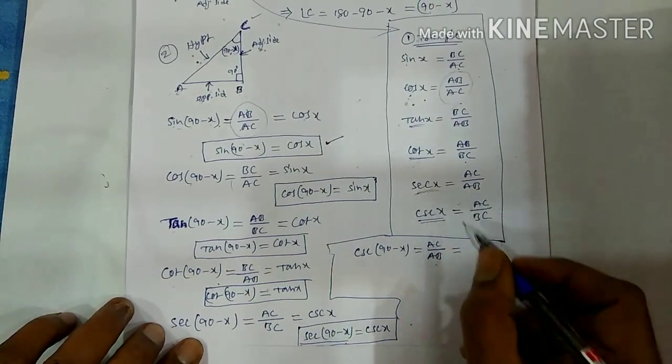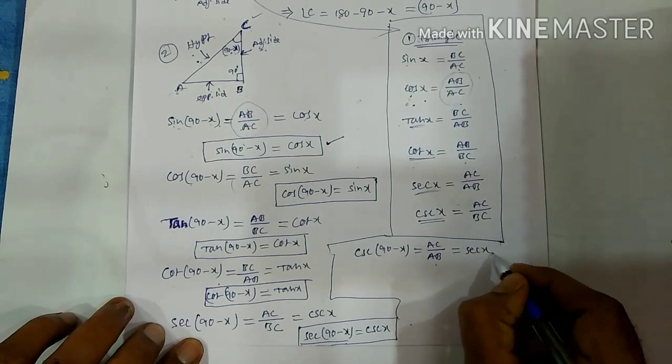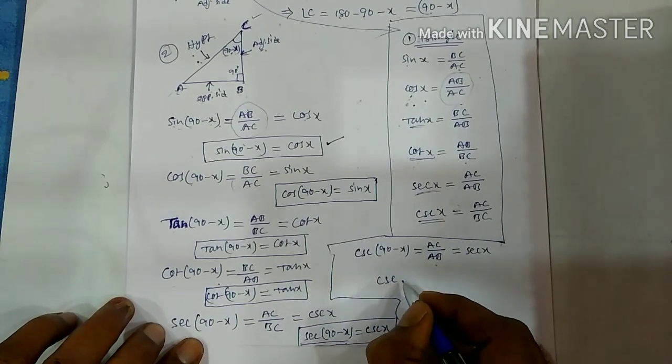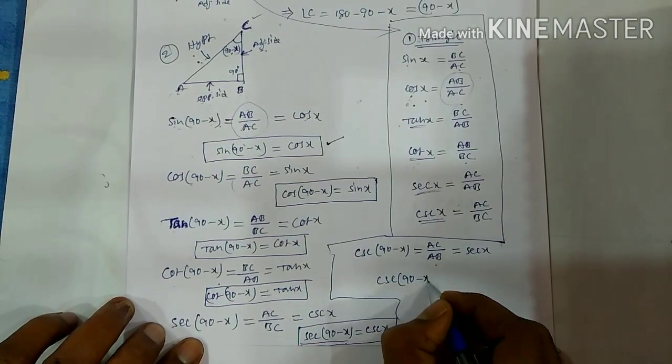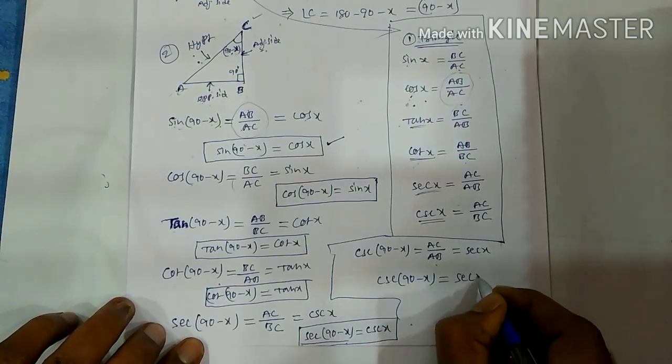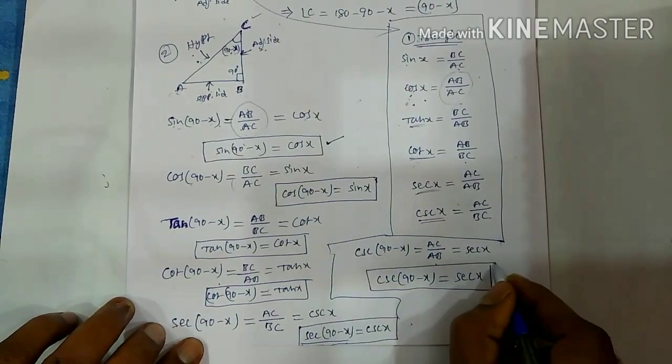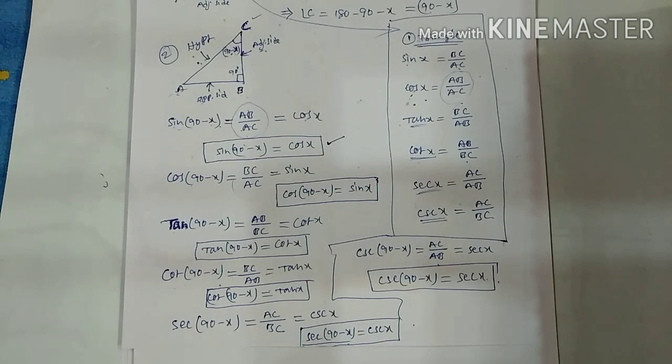AC by AB is secant X. So our formula is cosecant 90 minus X is equal to secant X. These are the trigonometrical ratios of complementary angles.